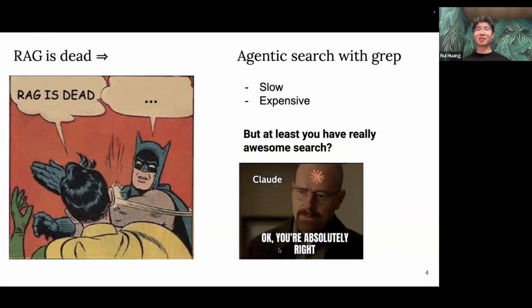The third is that agents need to decide, based on the grep results, how to refine the next query for grep. So it needs to jump between grep calls and reason between these calls to try to get better results from a refined query. It's more reasoning tokens as well.